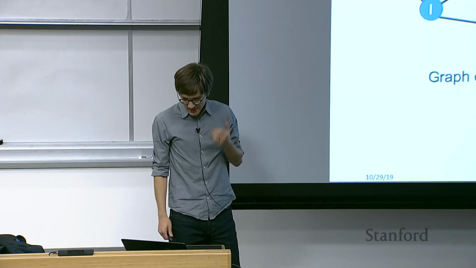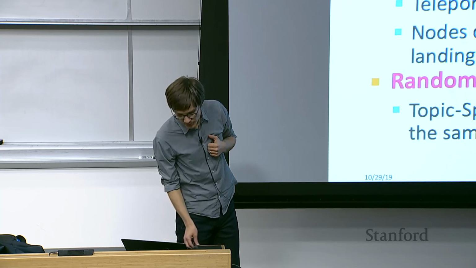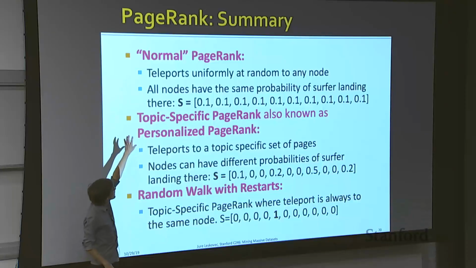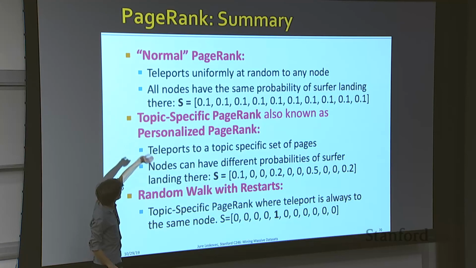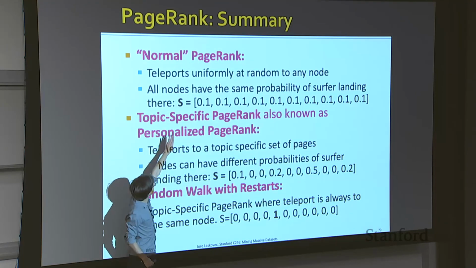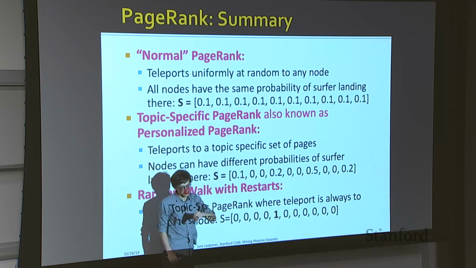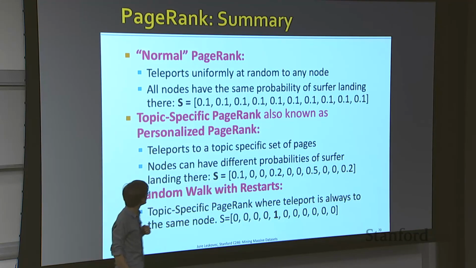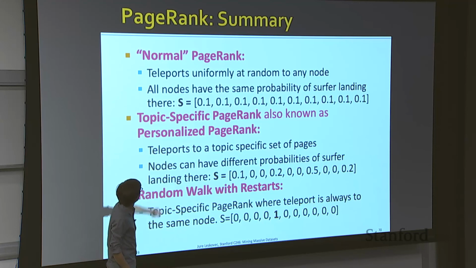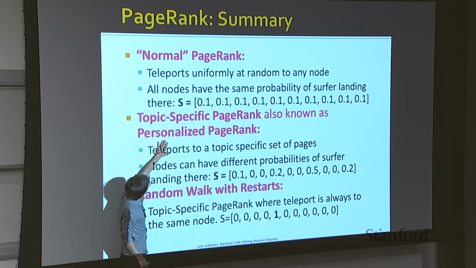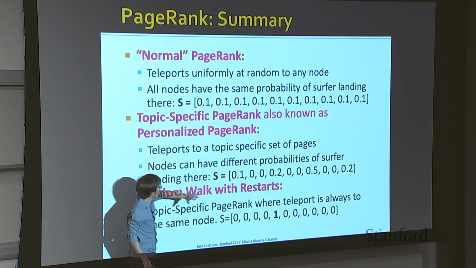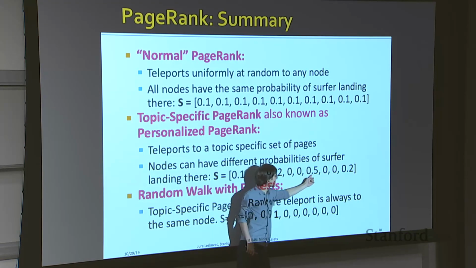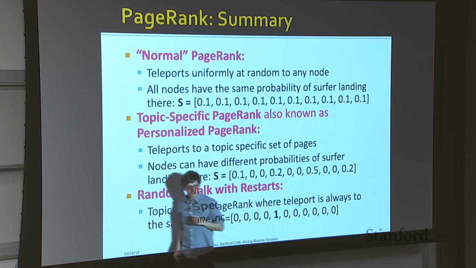This is essentially what I wanted to say, and to summarize: we talked about PageRank, where we have teleportation, and the teleportation vector is uniform, which means whenever we decide to teleport, we can teleport anywhere in the graph with equal probability. Then you have this notion of topic-specific or personalized PageRank, where you teleport to some subset of nodes.